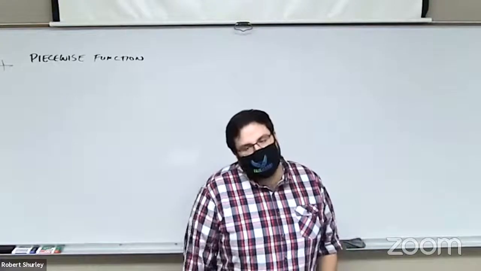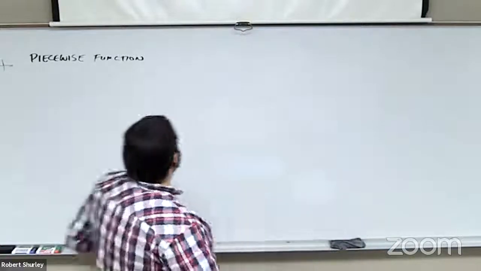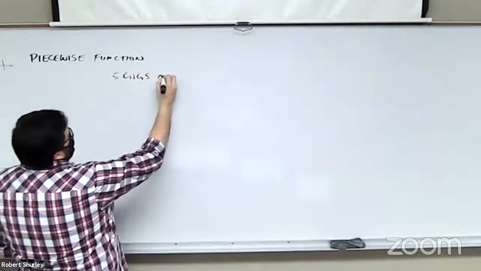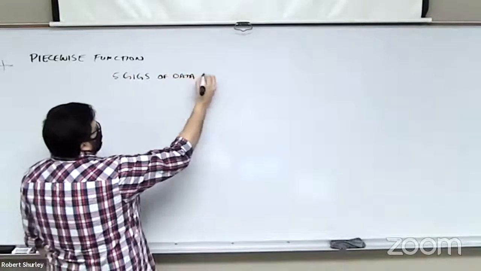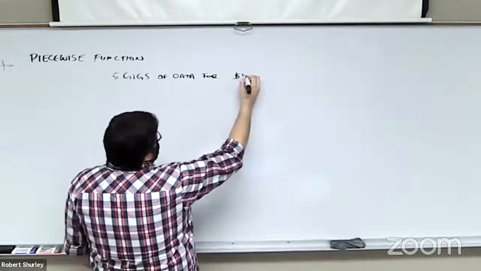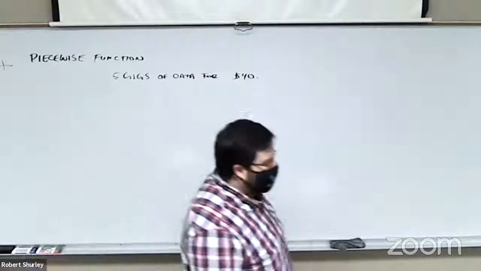Okay. Let's say you've got a cell phone plan that gives you 5 gigs of data for, let's say, $40. So you pay $40, and this is just your data plan.